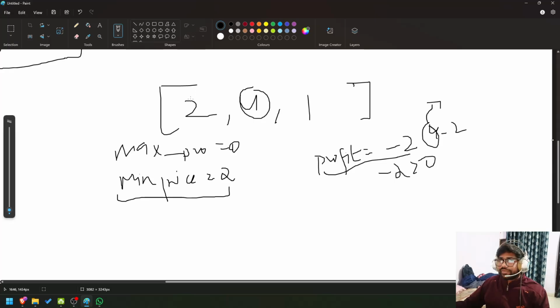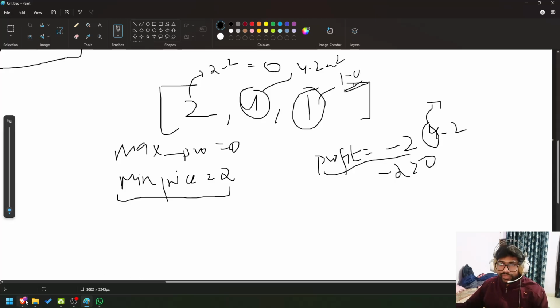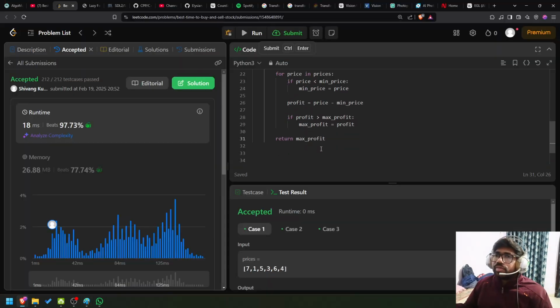So if I have current price minus min price at the start, I'll go 2 minus 2, which is 0, so it is not greater than 0. Then we'll have min price is 2, and 4 minus 2, which is 2, which is the maximum profit. Min price is 1, then 1 minus 1 is 0, which is not the maximum profit. Therefore we get a maximum profit like this.